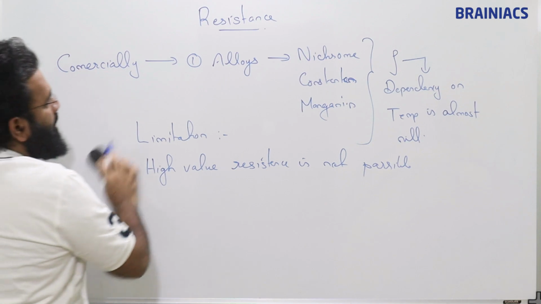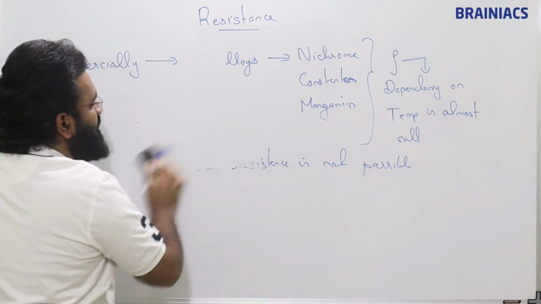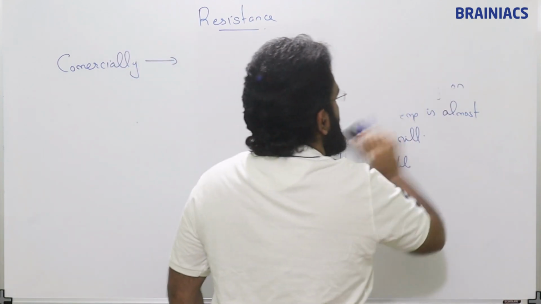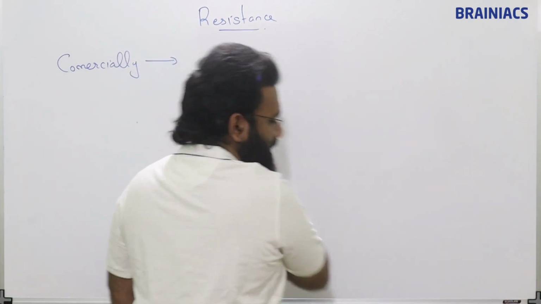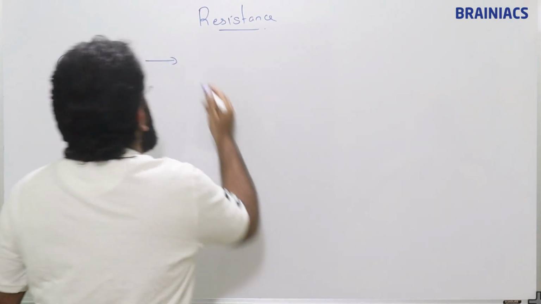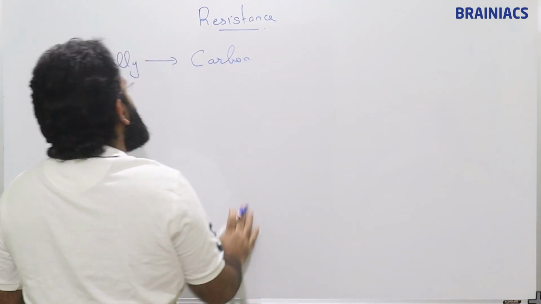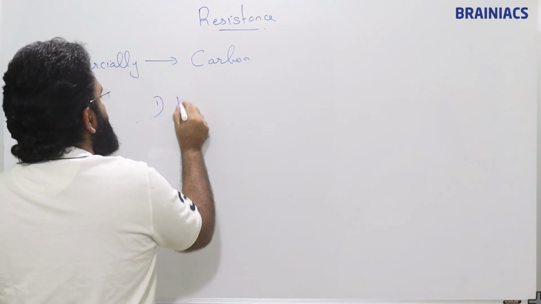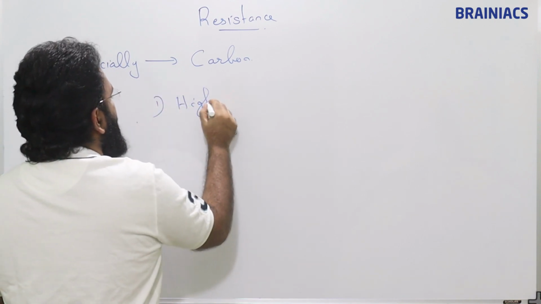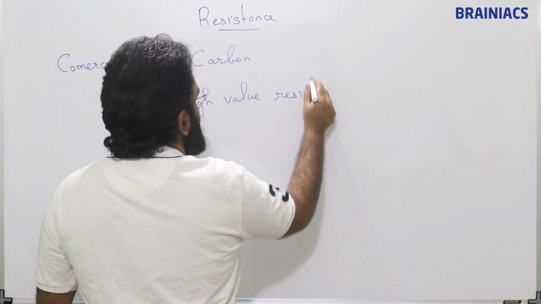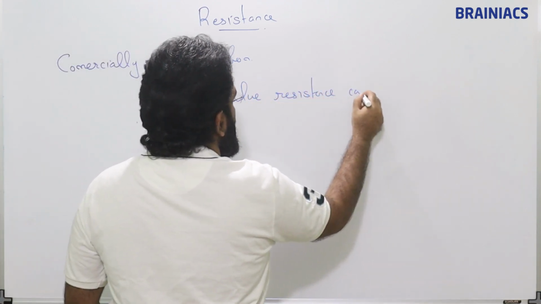Now the second type is using carbon, so carbon resistors. The advantage is that high value resistance can be made.